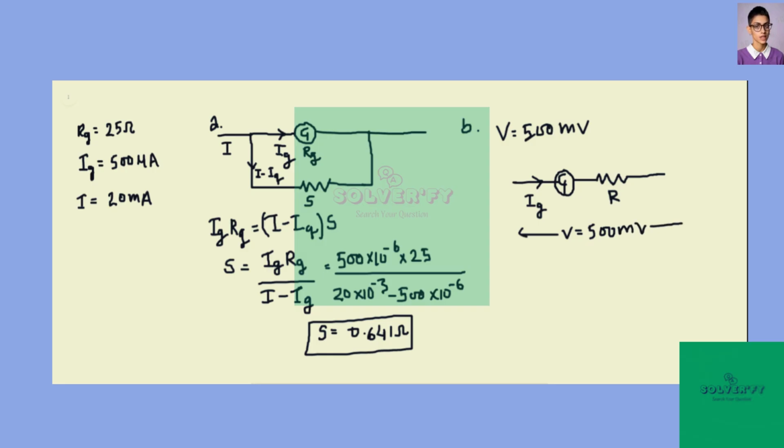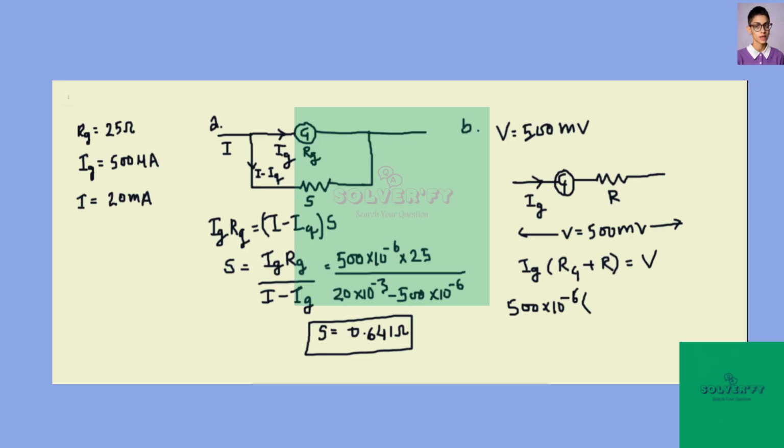Now to do that, what we can say is Ig times the resistance of the galvanometer plus the resistance that we added should be equal to V. Now what is Ig? 500 into 10 to the power minus 6, times what is Rg?